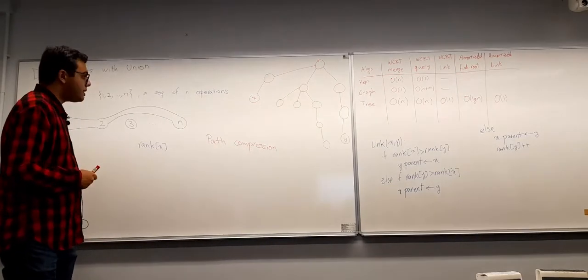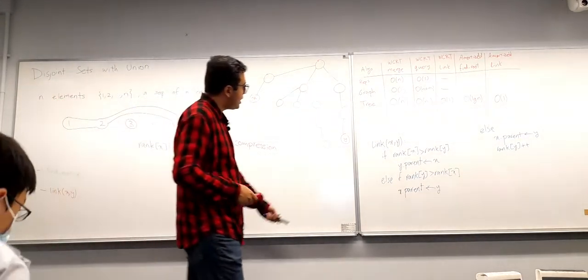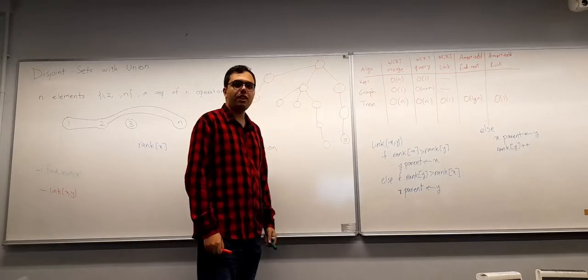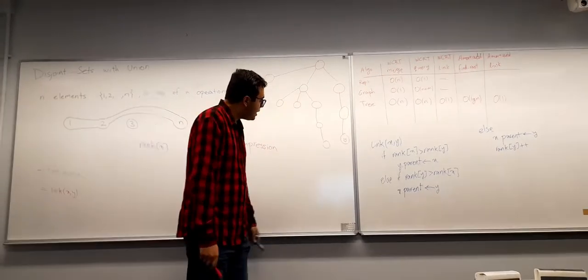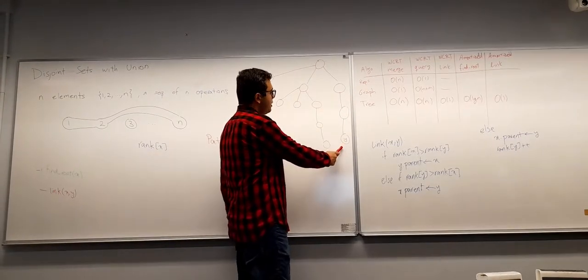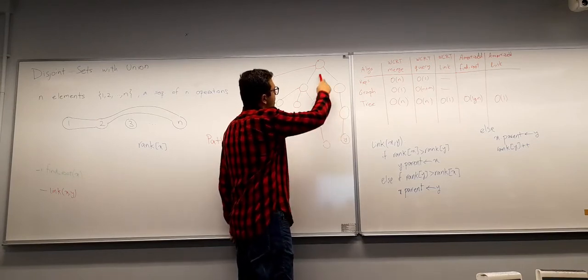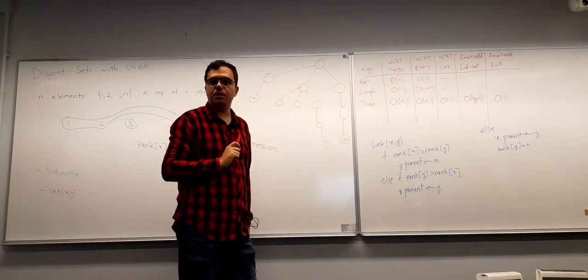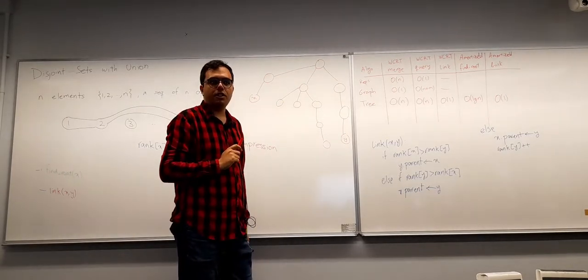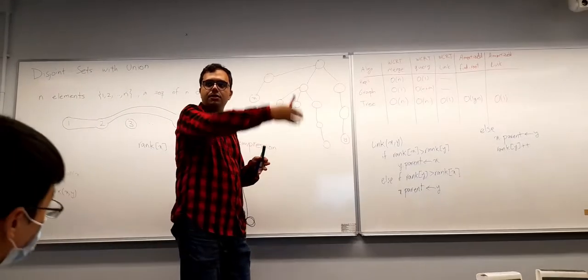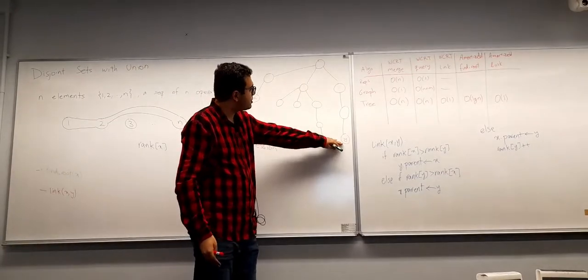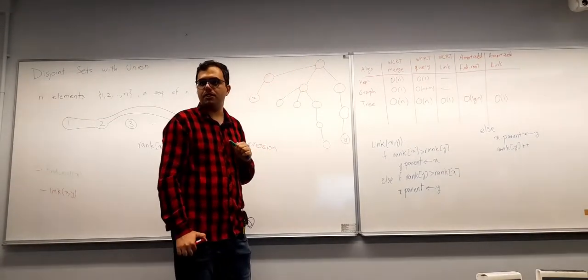Here's the idea. Let's say that I do find root on this node. When I'm doing find root on this node, I have to start from here and just follow these pointers and go up to its parent, grandparent, and so on until I get to the root. So when I'm doing the find root, I'm already passing through the whole path from this node to the root at least once.